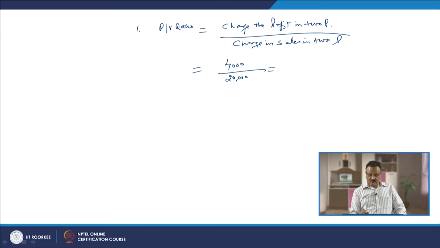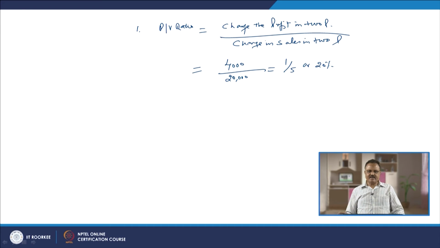So, you can easily calculate this ratio: it is 1 by 5, or 20%. You can understand the profit to volume ratio here is 20%. As the volume of production increases, as we keep on manufacturing and selling more in the market, we will possibly be increasing the profit by 20%.